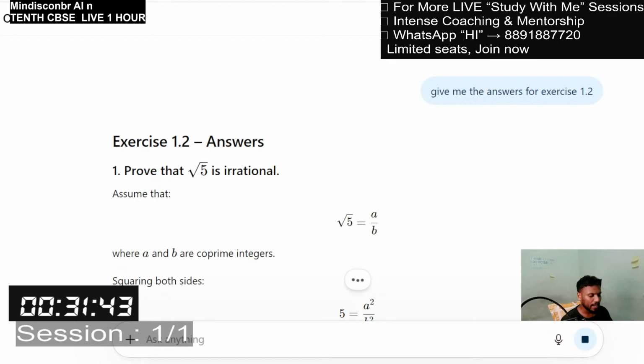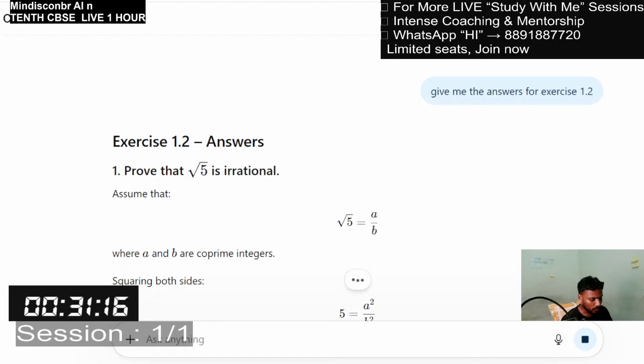That is, a and b should not have a common factor other than 1. So b is equal to root 2 a, cross multiplying. Squaring both sides and arranging, we get 2b square is equal to a square.